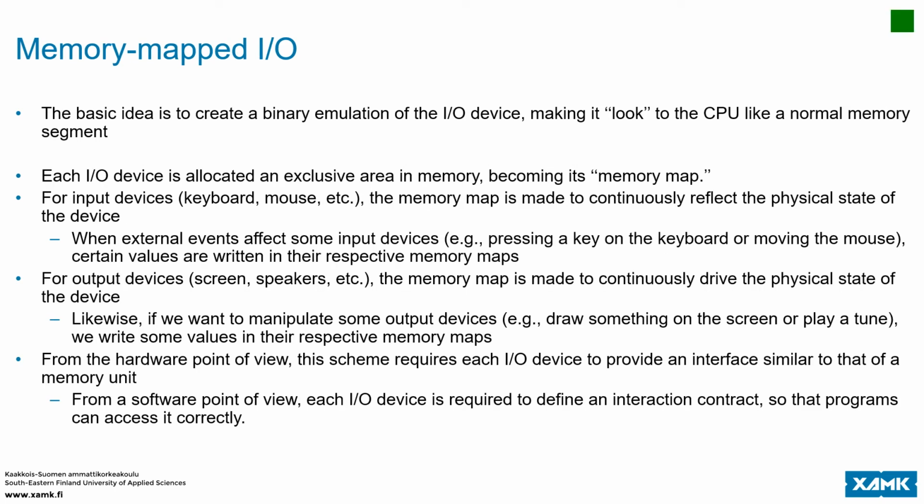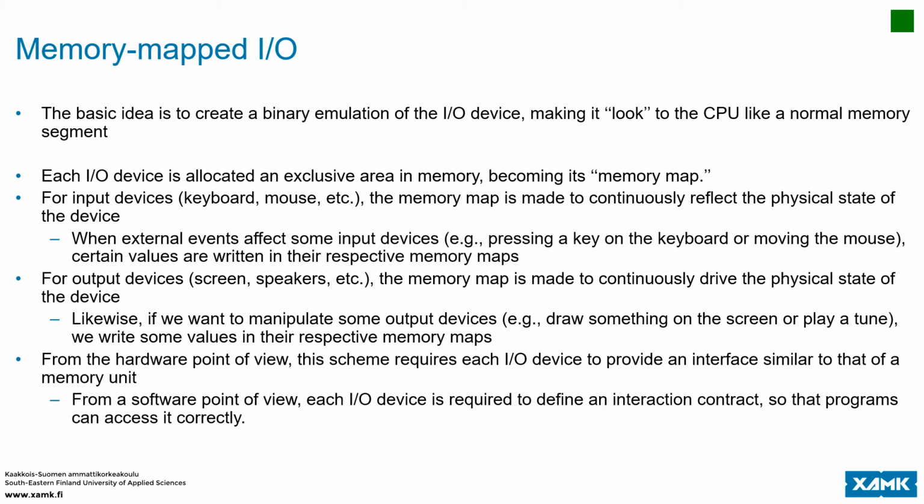So the basic idea of memory mapped I/O is to create a virtual device that is basically a binary emulation of whatever device you are using, and make it look to the CPU like some particular memory segment. So basically each I/O device is allocated some exclusive area in the memory, which becomes what is called its memory map.